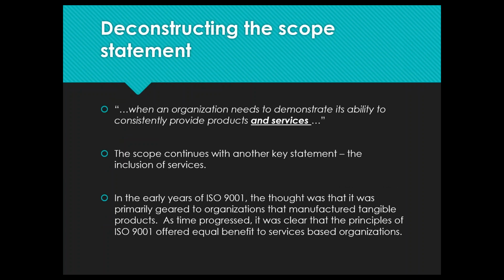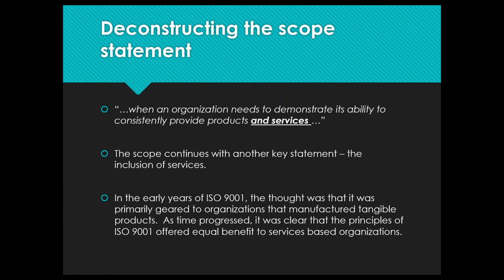The scope continues when an organization needs to demonstrate its ability to consistently provide products and services. Now this statement is also key, the idea that it is not exclusively a product standard. Now, if you go back to the early versions, the first and second edition, the thinking at that time was that ISO 9001 was going to be geared primarily to companies that manufactured tangible products.